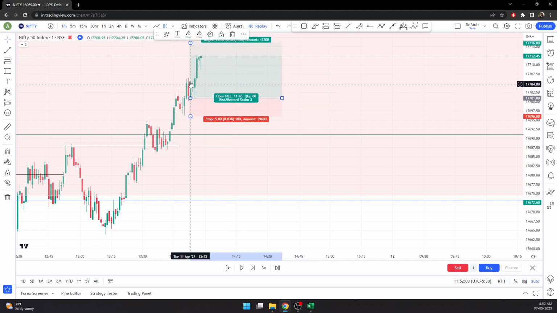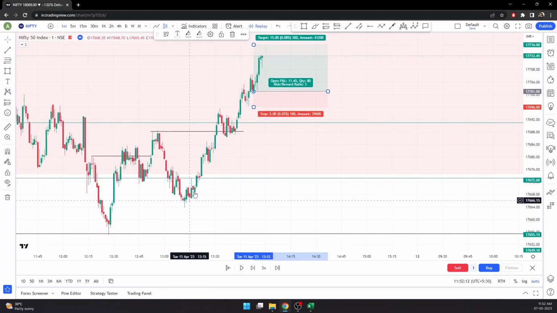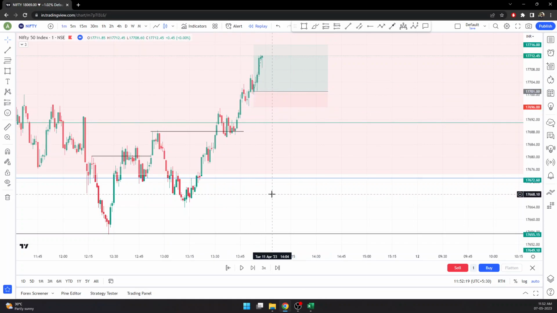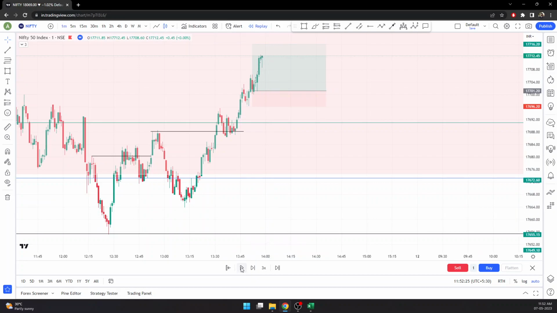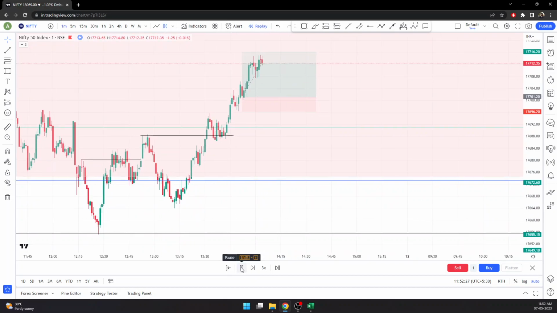So here you can see the market has given us an entry, but it has already made this bullish move. So I expect some retracement, but let's see what happens. This is not an entry, but this is just for learning, to watch whether it can hit our target or not.